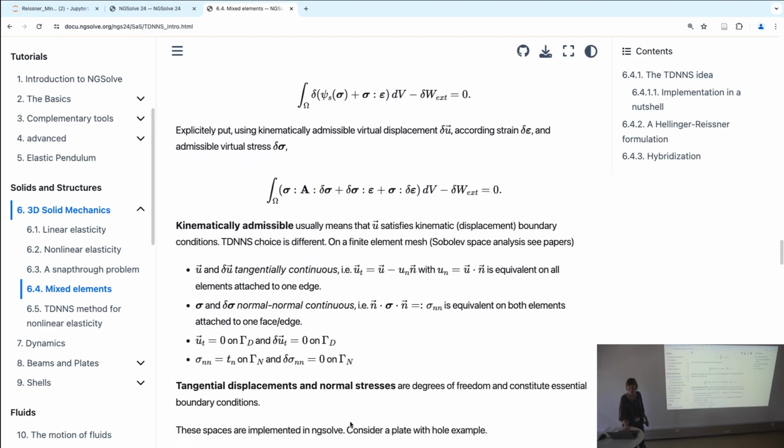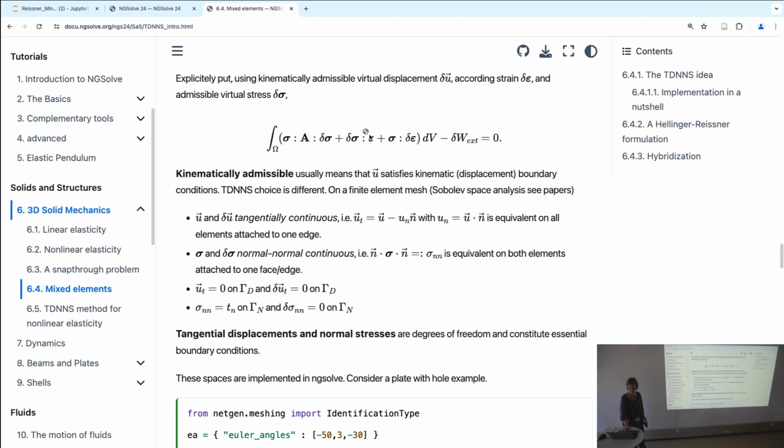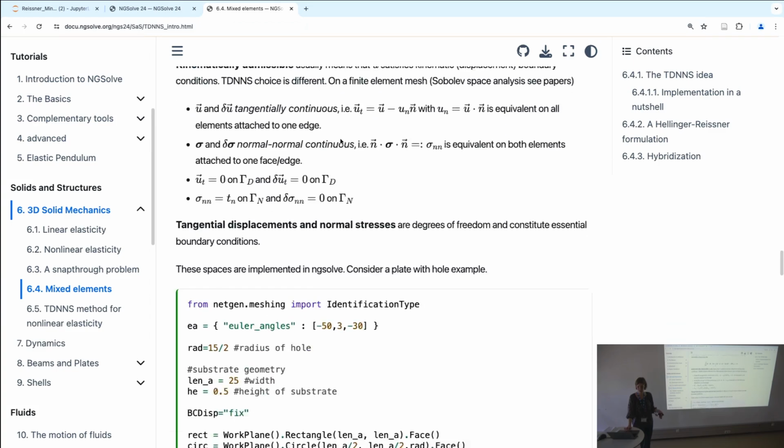And then we need to think about work pairs like that. Stress times strain. The strain is now not really existing because we have gaps in the displacement. A gap leads to an infinite amount of strain. But on the other hand, the stress is continuous there.